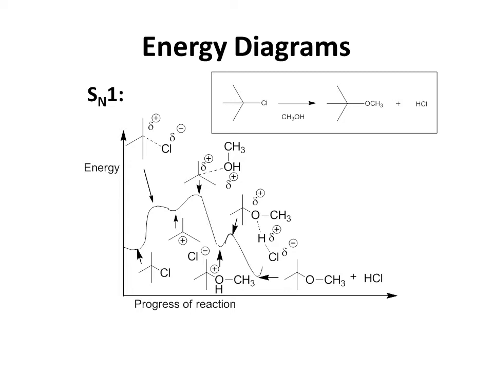Also a dotted line between the partially positive H and a partially negative Cl, as Cl minus is trying to strip away that proton. The final products in this case are lower in energy than the starting material, so our final compounds, the 2-methoxy-2-methylpropane and the HCl, are shown at the bottom in a valley, and that's the overall process.